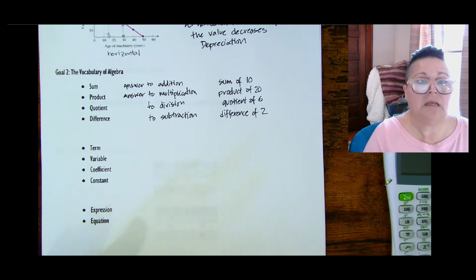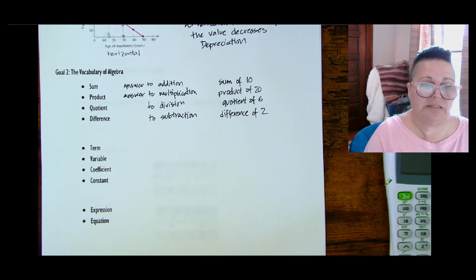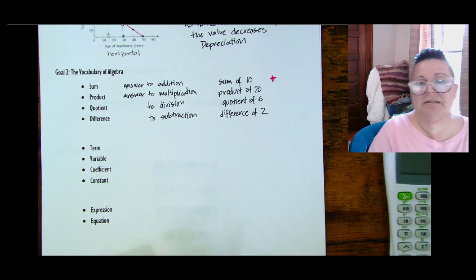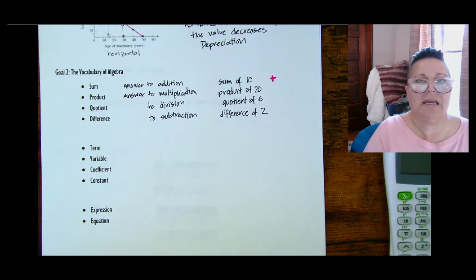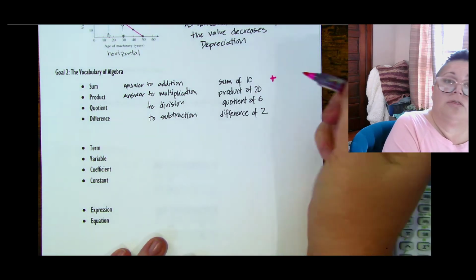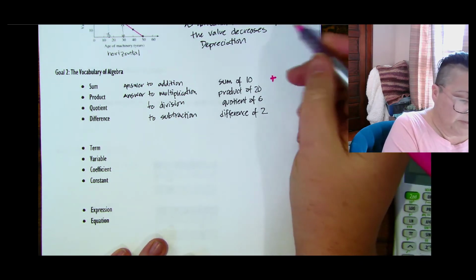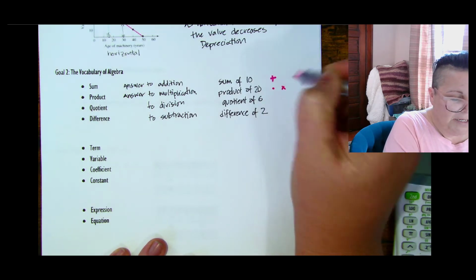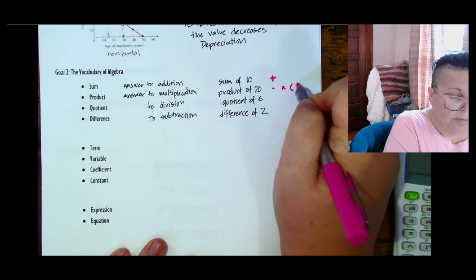All right? I wanted to take a quick minute here and remind you of some of the notations as well. If we're talking about a sum, that notation is a plus sign. If we're talking about a product, the notation for multiplication is either a dot, a multiplication sign, or parentheses.